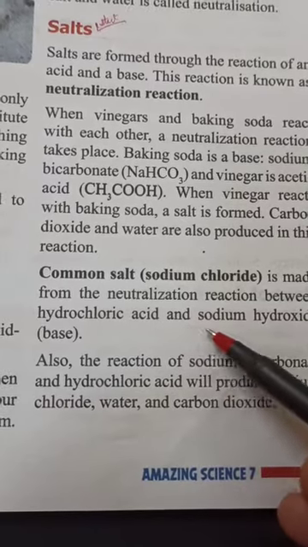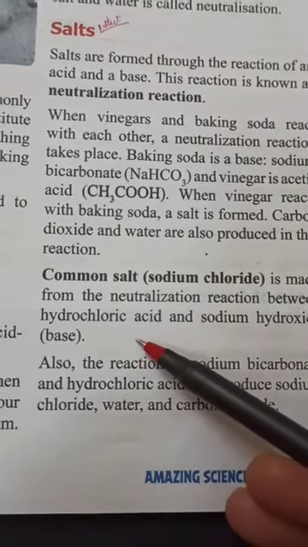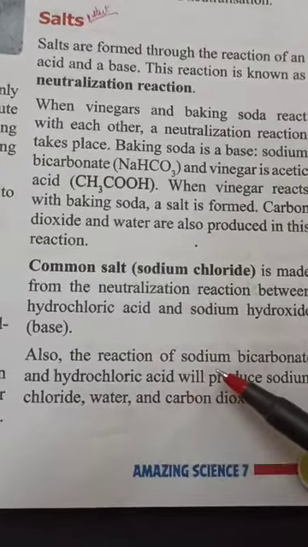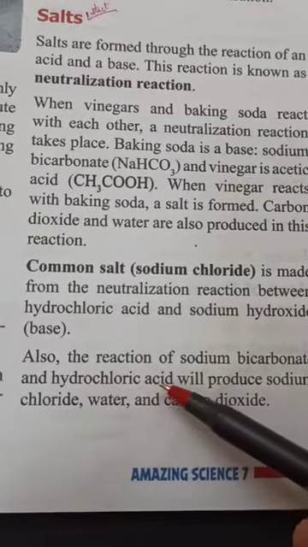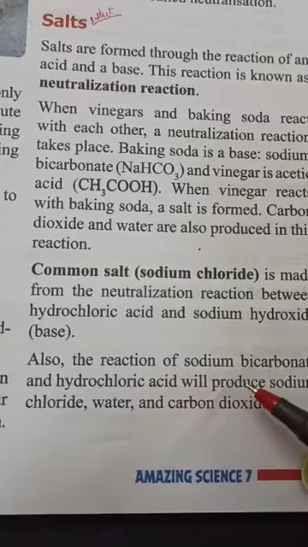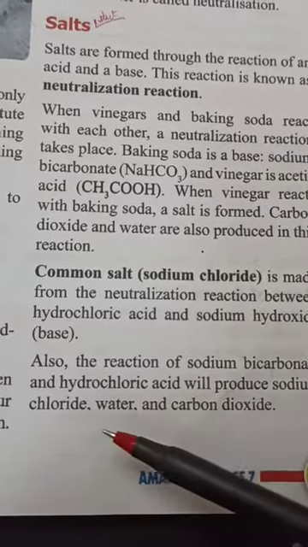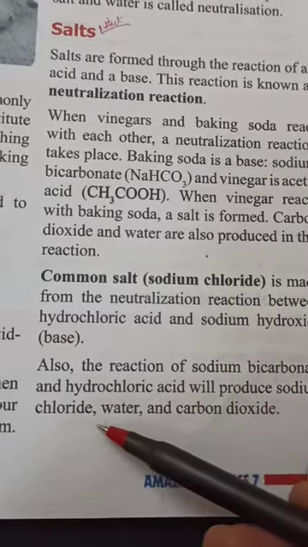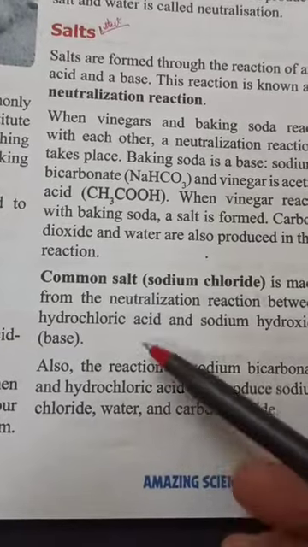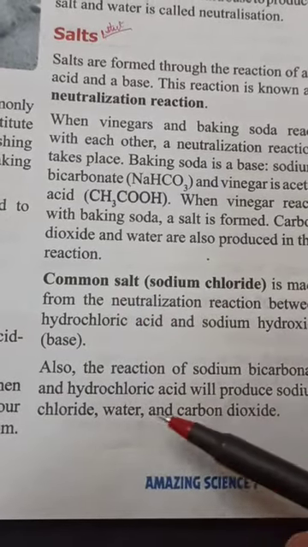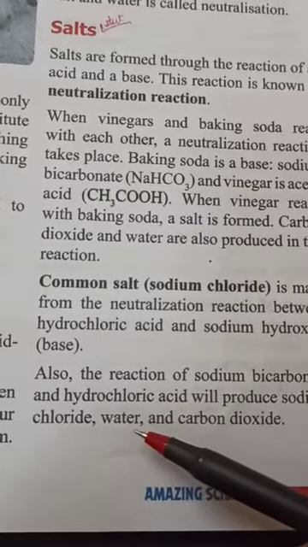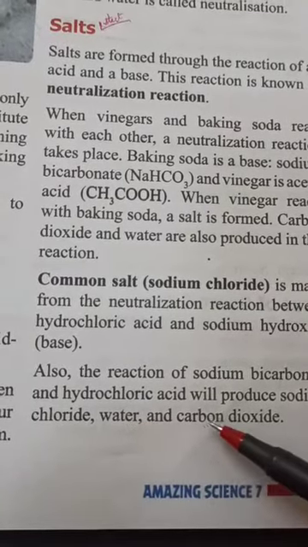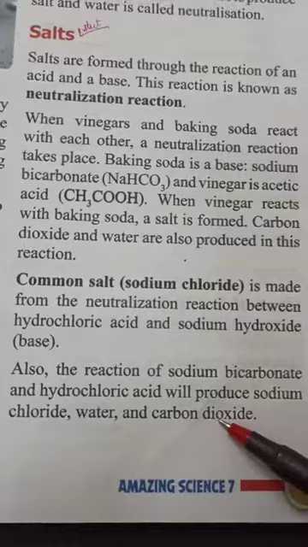Here we took sodium hydroxide and hydrochloric acid, but here we have taken sodium bicarbonate and hydrochloric acid. So they will produce sodium chloride salt. The same salt we can get by this reaction also, but along with this we get water and carbon dioxide also during this reaction.